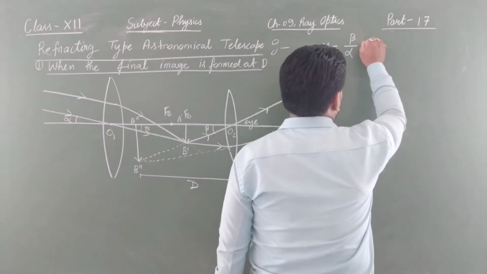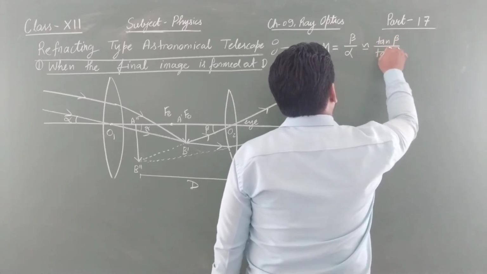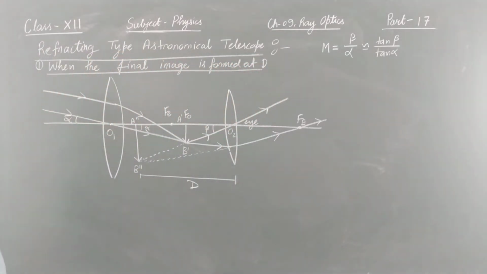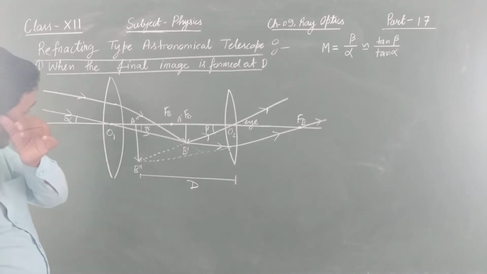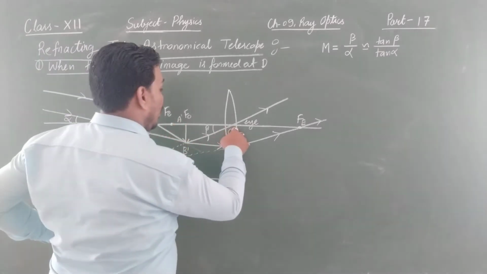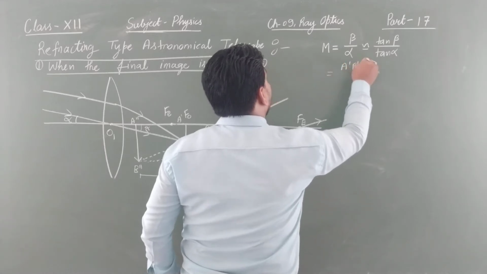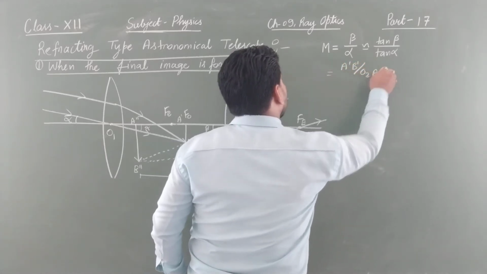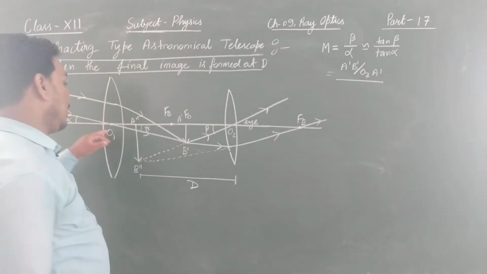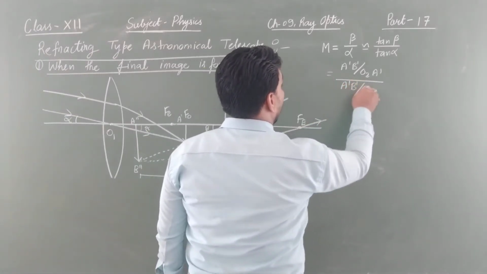So the next line, you know that we have done it so many times now, tan beta upon tan alpha. Now we have to put tan beta and tan alpha as per the figure. Tan beta can be written as A dash B dash upon O2 A dash, whole upon tan alpha, which is in this triangle O1 A dash B dash, so we'll have A dash B dash upon O1 A dash.